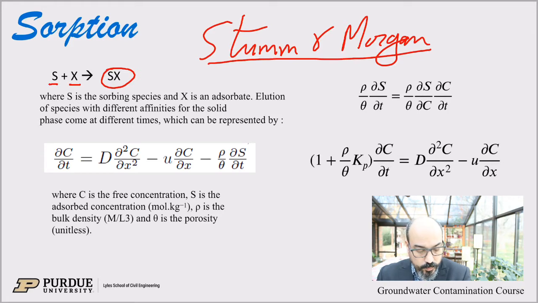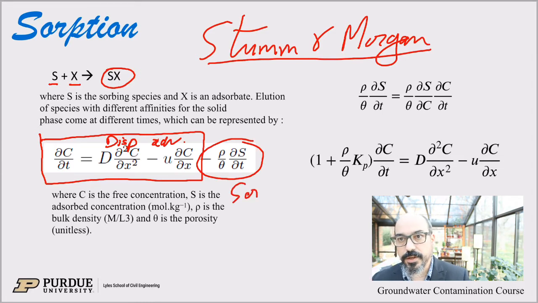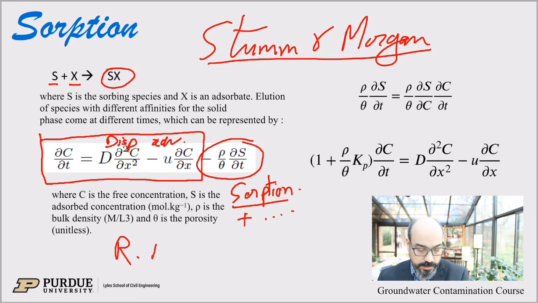Now, one thing that will be a common thread through these upcoming few lectures is that the transport equation, which is here the advection and dispersion equation, with the advection here and dispersion here, is modified, if you will, with an added term, which can be a source or sink term. In this case, for the sorption, it is the change in the sorbed concentration, which I'll describe in a second. But that's basically a reactive advection dispersion equation, RAD.